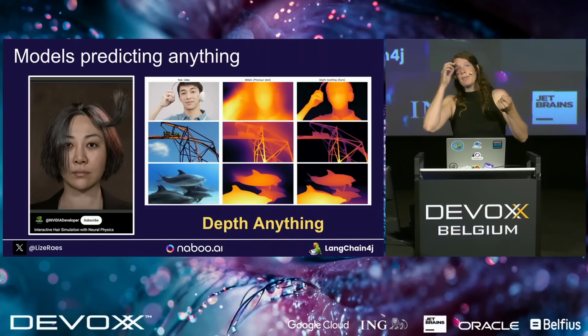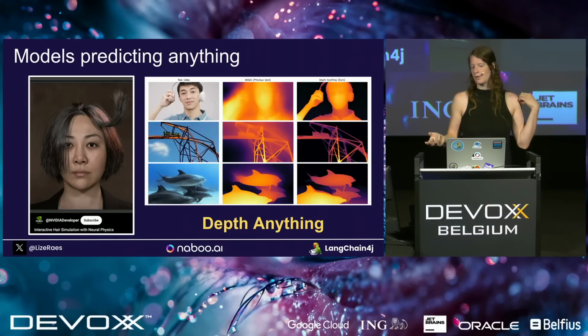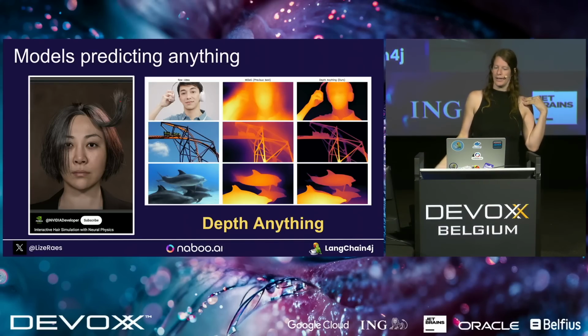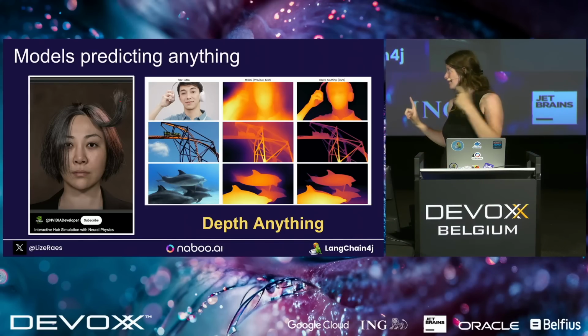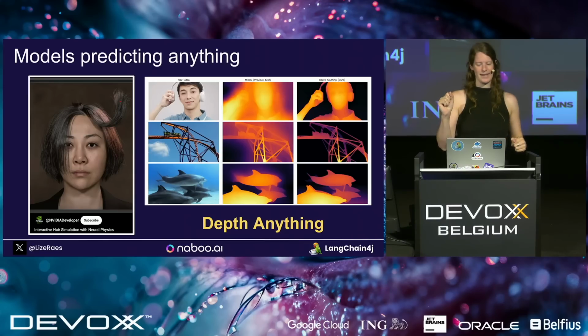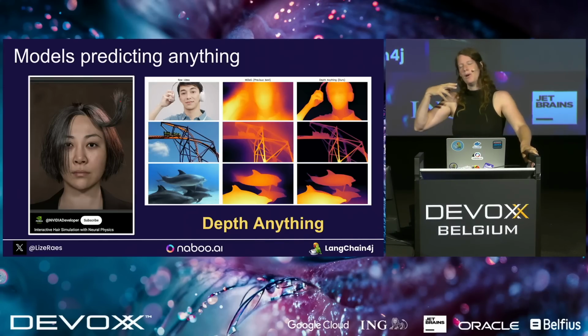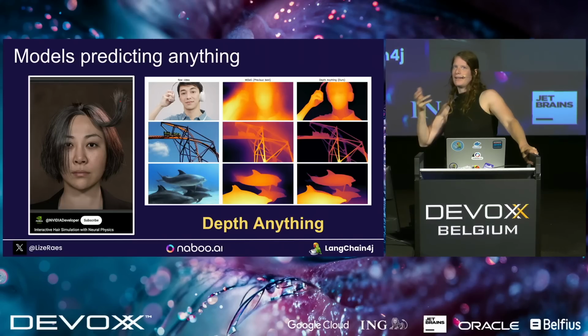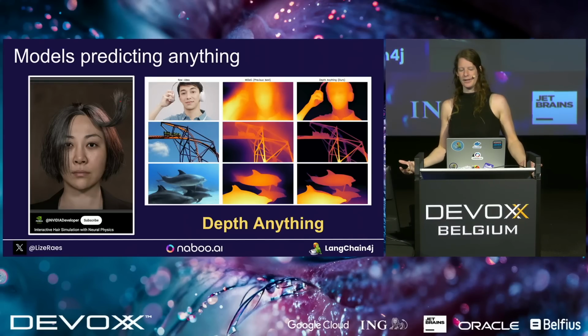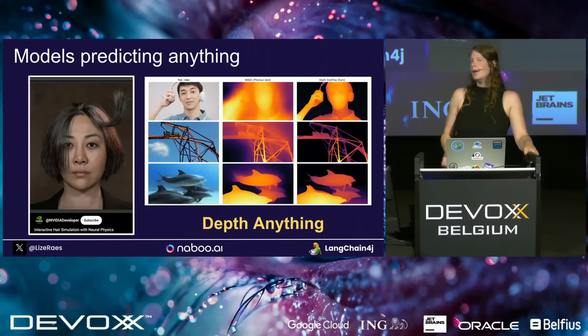Again, I want you to remember that we are building applications around models that can do, in theory, everything. The one on the left there is a hair prediction model that will predict how your hair will fall. That sounds ridiculous, but Disney has a whole section of people working for months on just making the hair look natural, so this is a game changer.